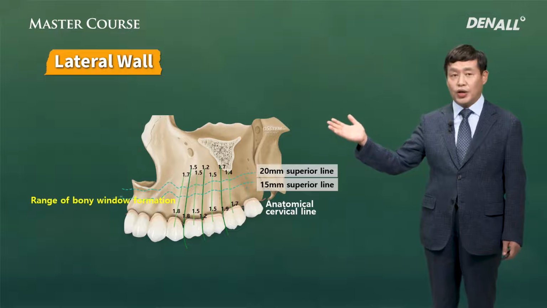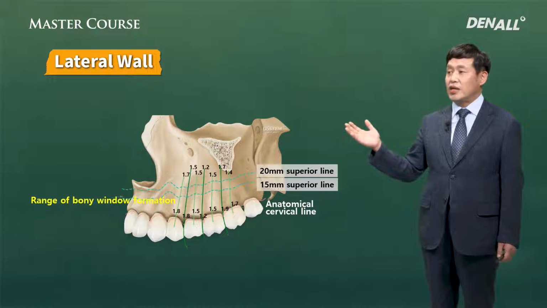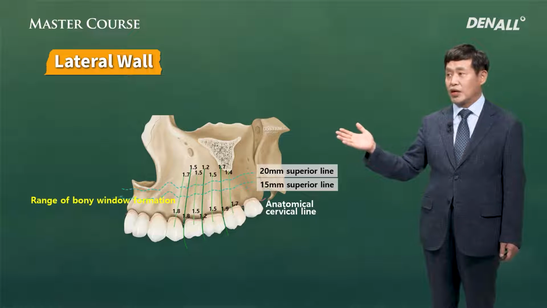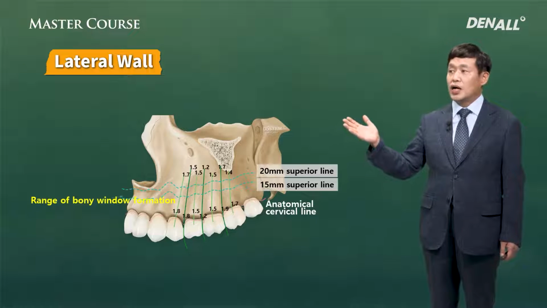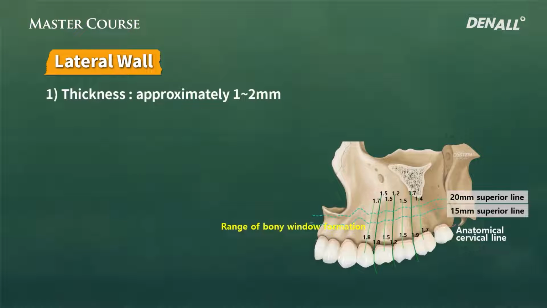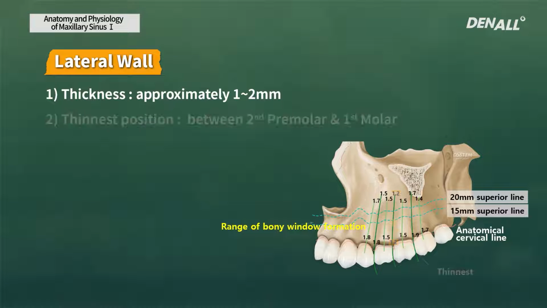The lateral wall is where we make a window for the lateral approach. Normally, the thickness of the lateral wall is about 1 to 2 millimeters. The thinnest part is between the second premolar and the first molar.